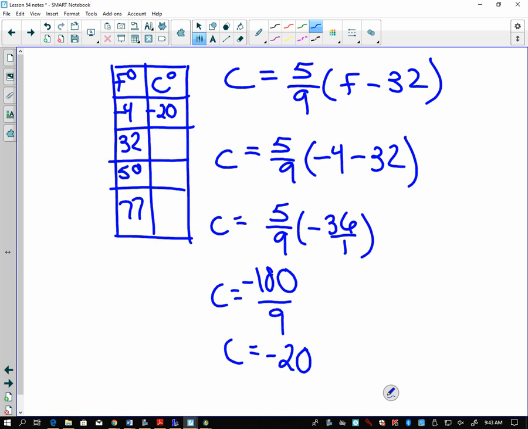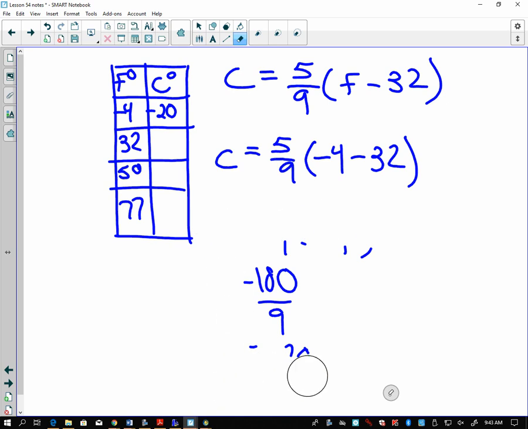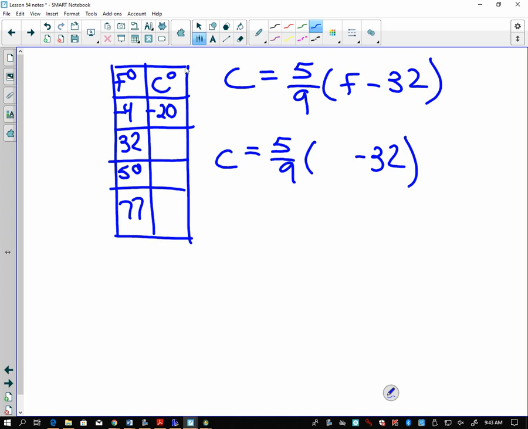So what you're going to do is show this work for negative 4, and you're not going to erase it. The next thing I'm going to do is plug in 32 for F. This one should be pretty easy, right?